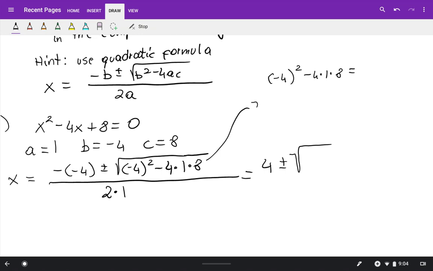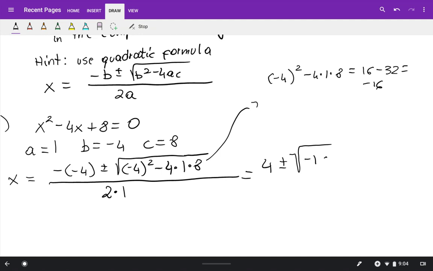That will give you 16 minus 32, right? And that will give you negative 16. So we end up here with negative 16. That's the discriminant, which I showed work for.